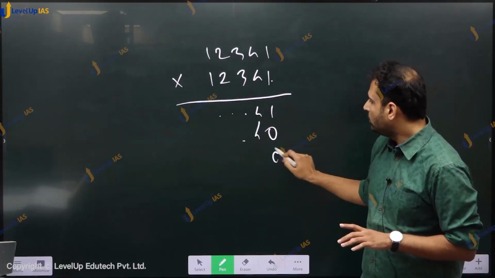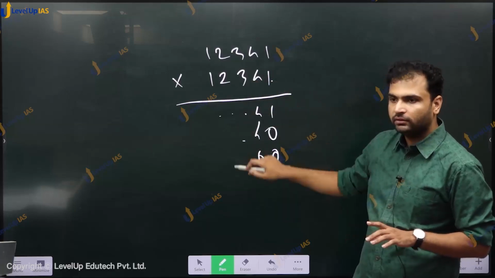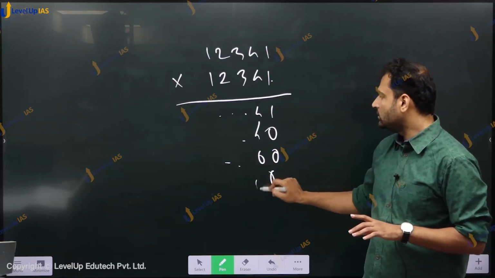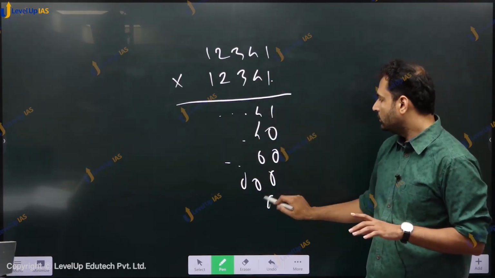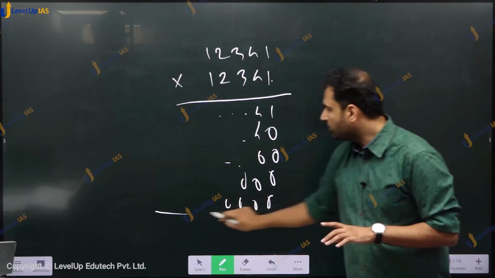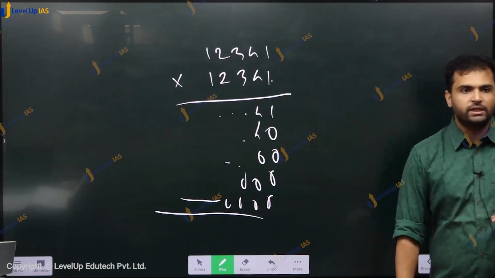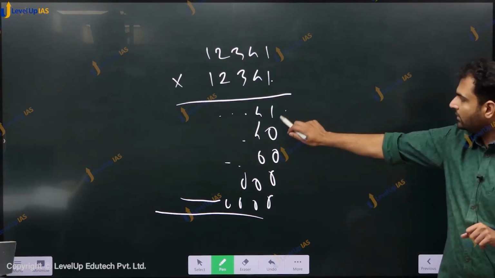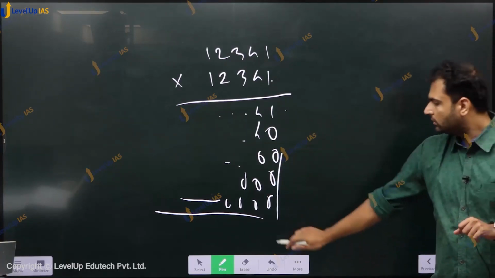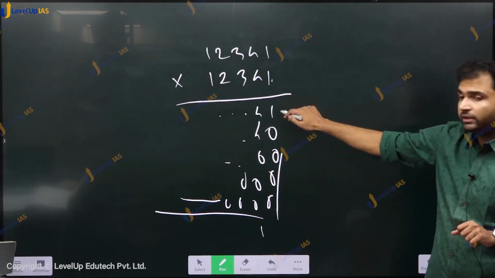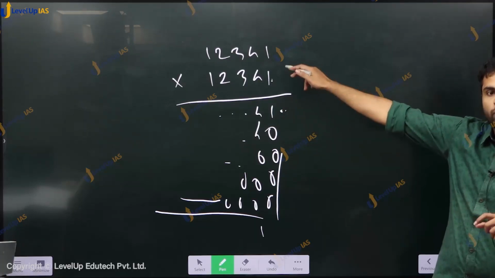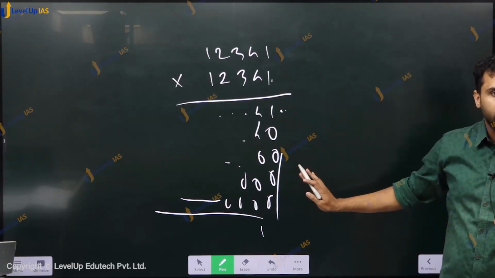Then I add 2 zeros and multiply by 3, then 3 zeros and multiply by 2, then 4 zeros and multiply by the final 1. What happens at the units place? 1 plus the rest are 0. So whatever happened in the first step is the only thing that impacts my units place.